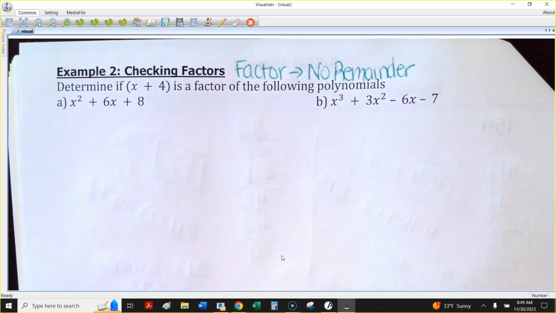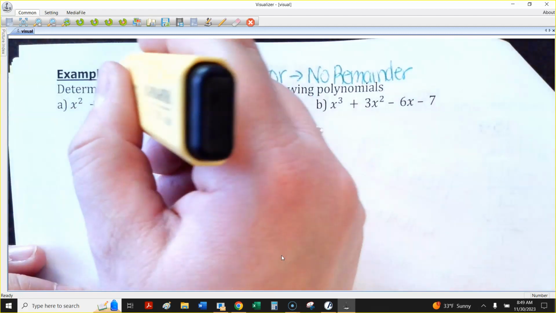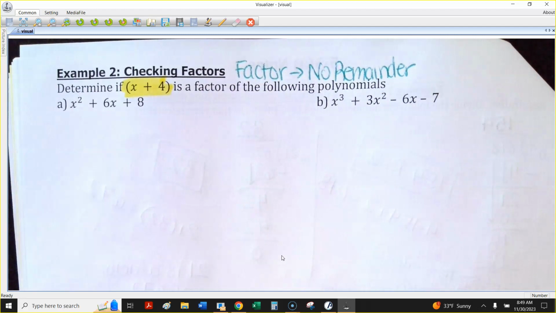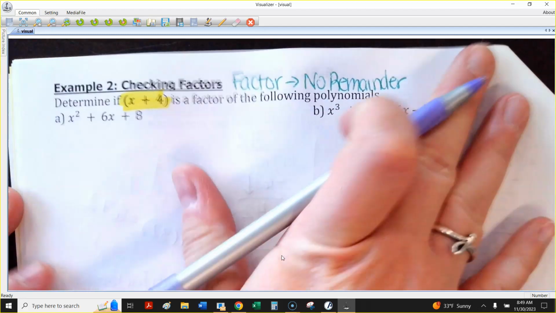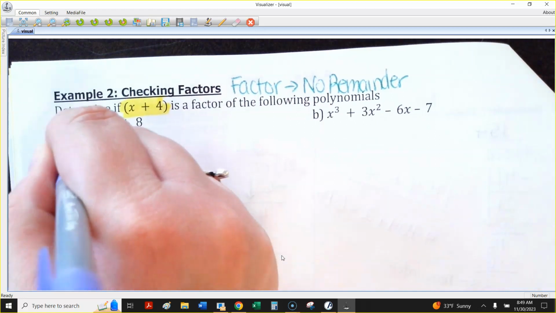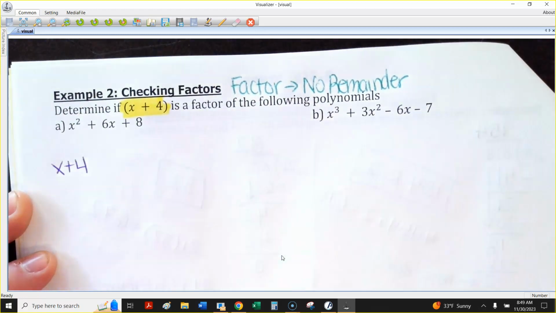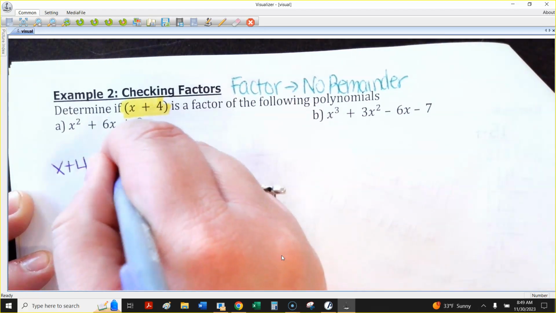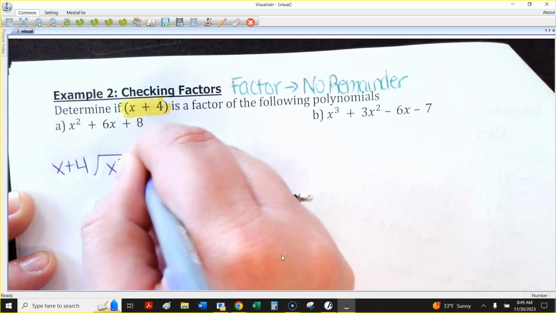So this guy here says determine if x plus 4 is a factor of either of these polynomials. So I'm just going to write them both out here real quick. And the x plus 4 would be what we're going to divide into the polynomial they give us. So I'm going to put x plus 4 on the outside, and I'm just going to copy down that x squared plus 6x plus 8.